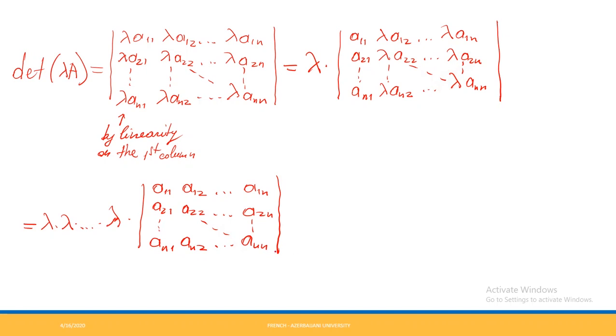Here, as we know, the number of lambdas is n. Because of this, it will be lambda to the power of n times the determinant of A. You see, we expressed the determinant of lambda A as a function of determinant A. That's all. See you guys next lesson.